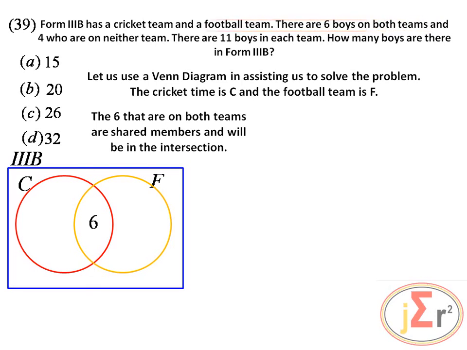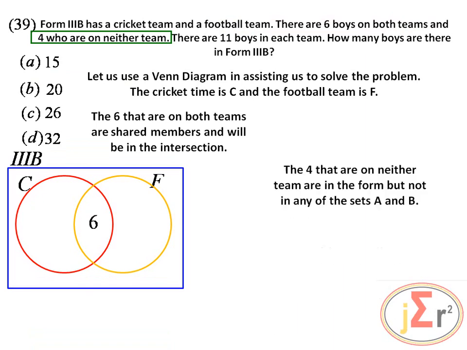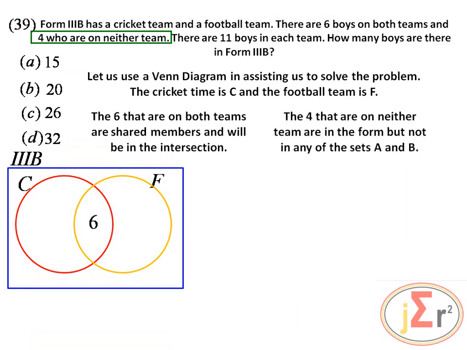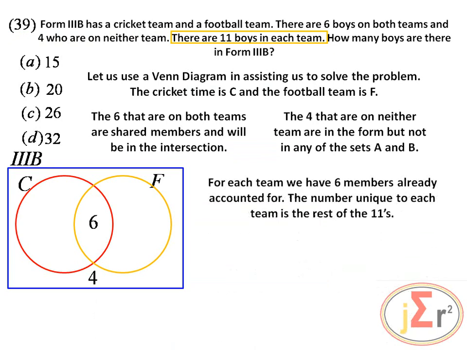Right there. Then 4 who are on neither team. So the 4 will go in the Venn diagram, but not in any of the sets. There are 11 boys in each team. For each team, we have 6 members already accounted for.